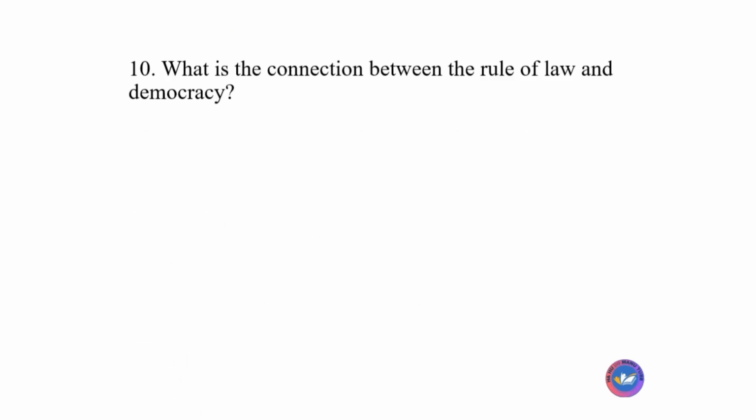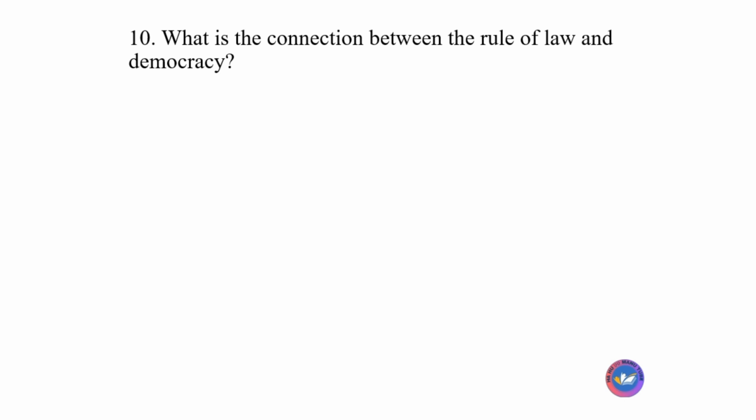Question number 10. What is the connection between the rule of law and democracy?